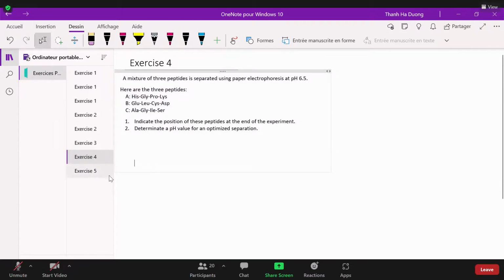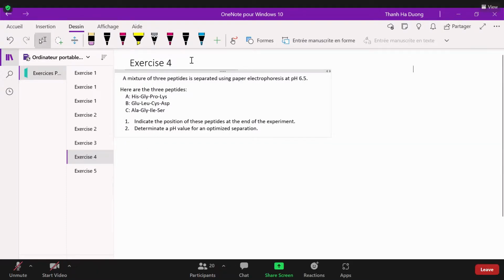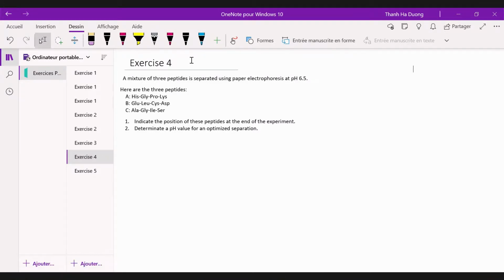I will give you the exercise in the slide. So here we have a mixture of 3 peptides, A, B, and C, which are separated using paper electrophoresis at pH 6.5.